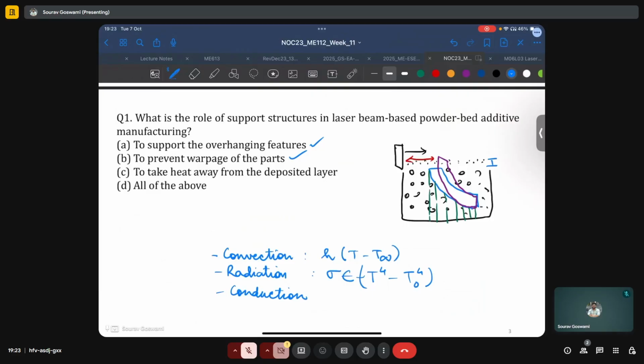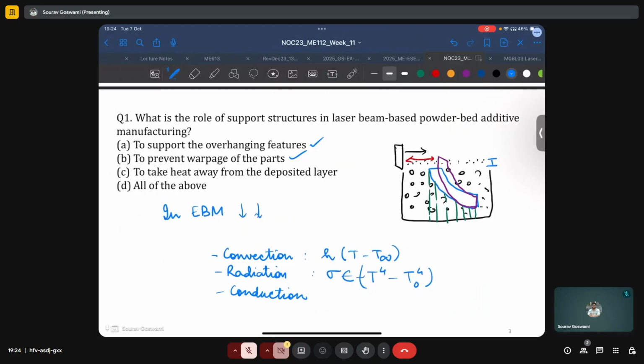Now, let us consider a process like electron beam melting, which is also a powder bed based process. In electron beam melting, because of the presence of only vacuum, this convection heat transfer is minimized significantly.